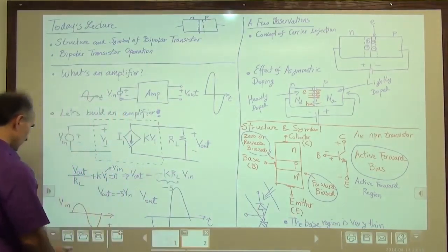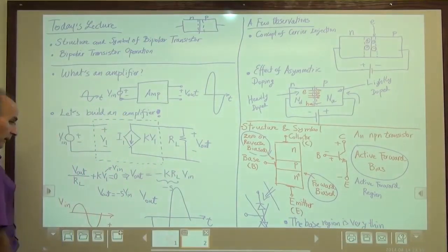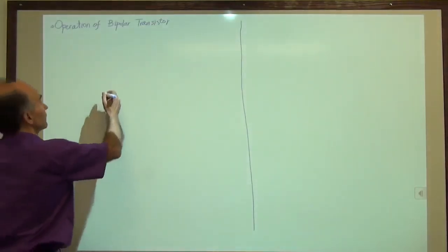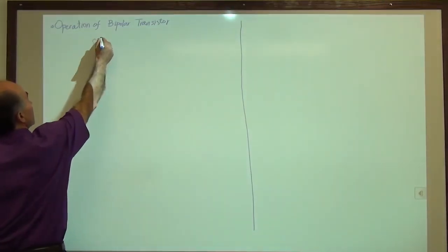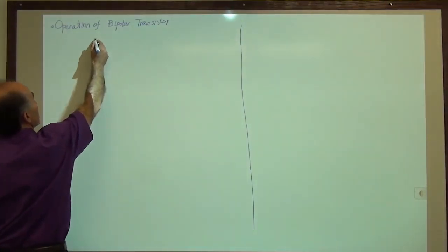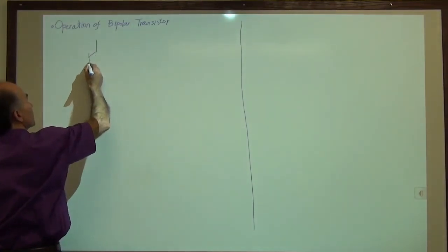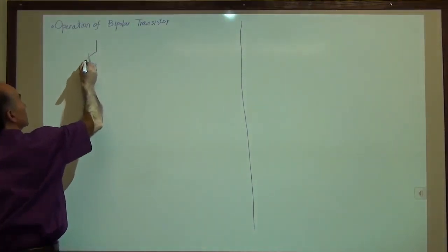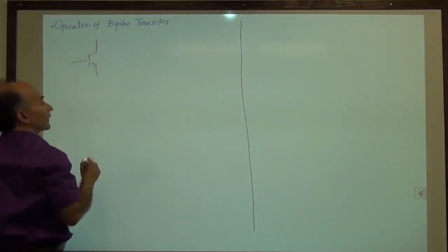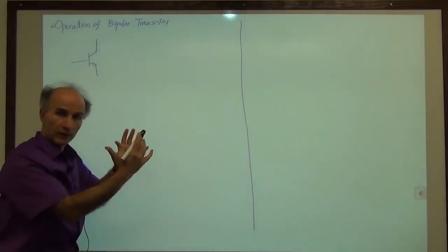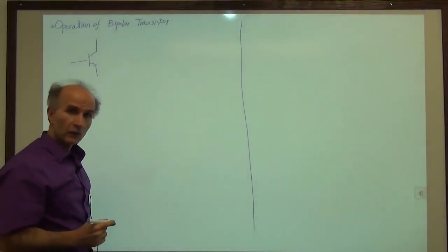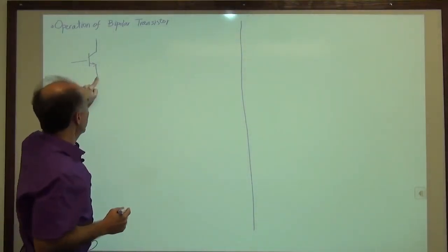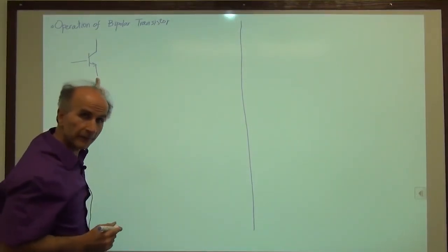All right, let's go back and start digging into the device. All right, so here's what we have. Let's draw the symbol first. Drawing the symbol is a little easier for now, and then eventually we draw the structure as well. So I would like the base emitter to be forward biased.